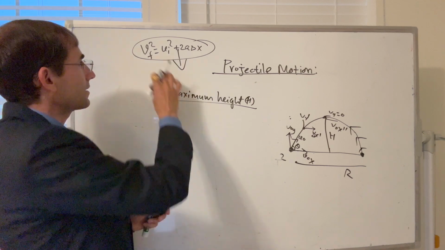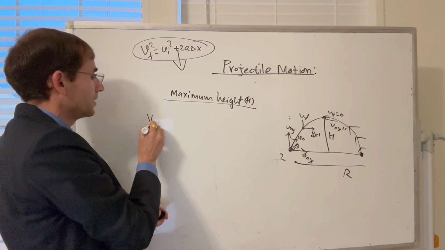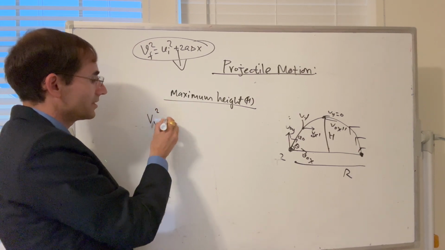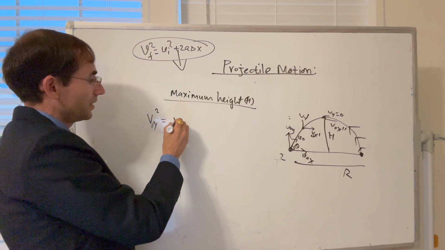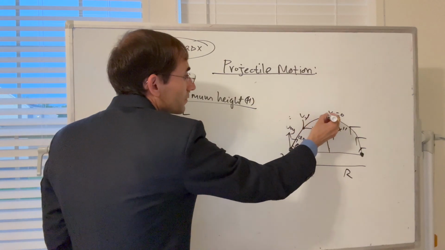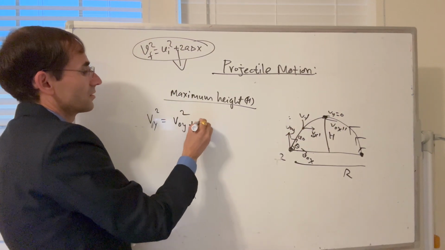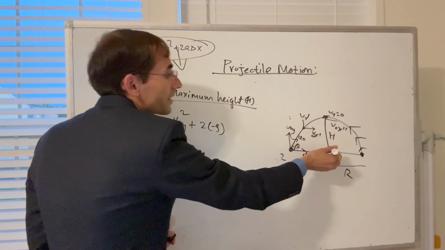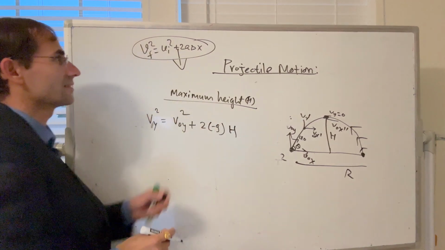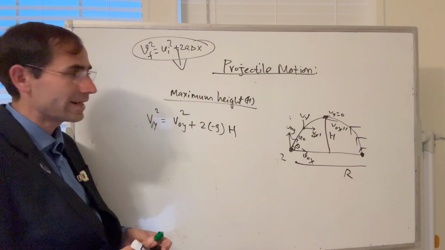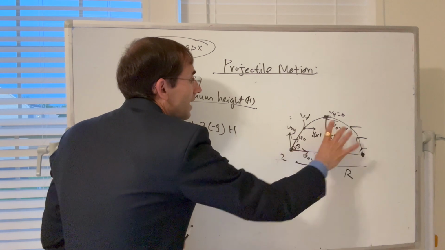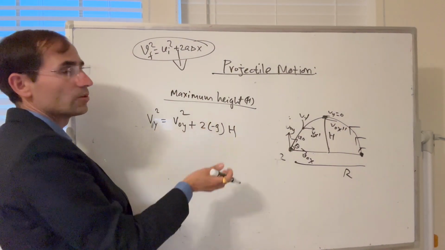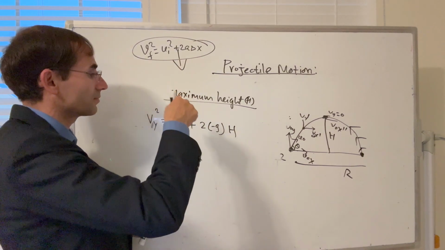So use this formula. v_fy squared is equal to v_0y squared, the initial velocity in the y direction, minus twice a, where a becomes minus g, and delta y is the vertical displacement, that is h, the maximum height. Initially it is here, now it is here, so the displacement would be h. And it is minus g because the acceleration due to gravity is always pointing downward.